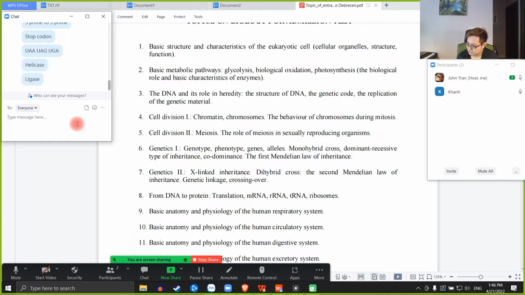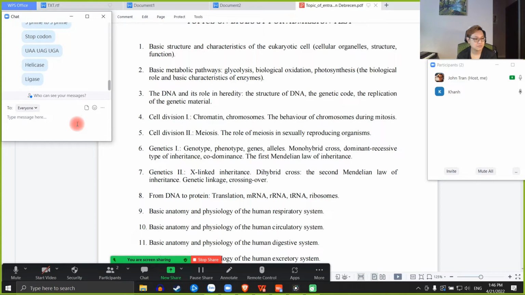The role of the ribosome is to hold the mRNA and tRNA complex together, and this enables the formation of peptide bonds between these amino acids.